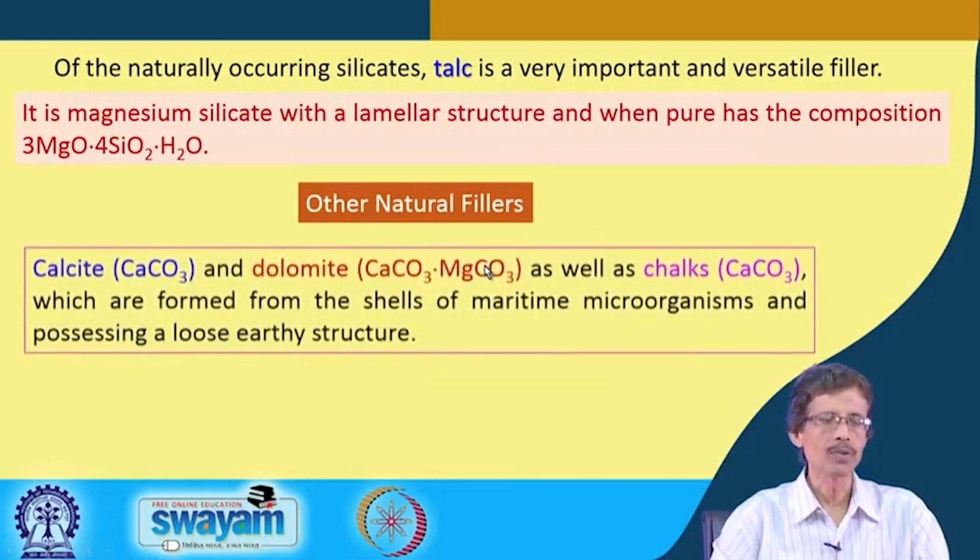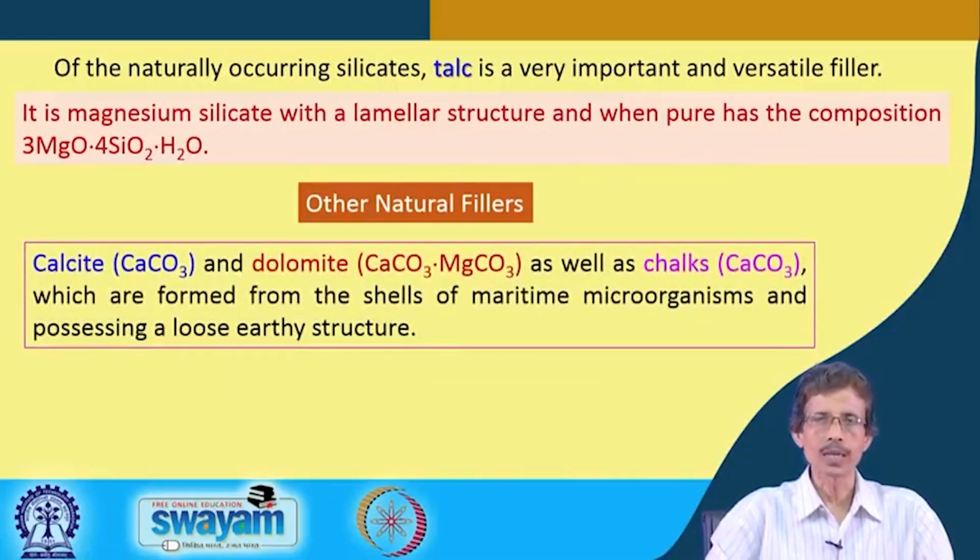Other natural fillers, besides SiO2 and talc, include calcite, which is calcium carbonate, and dolomite, which we know is a very good source of calcium and magnesium. We can use dolomite as a substitution for cement material also, as well as chalk, that means calcium carbonate.